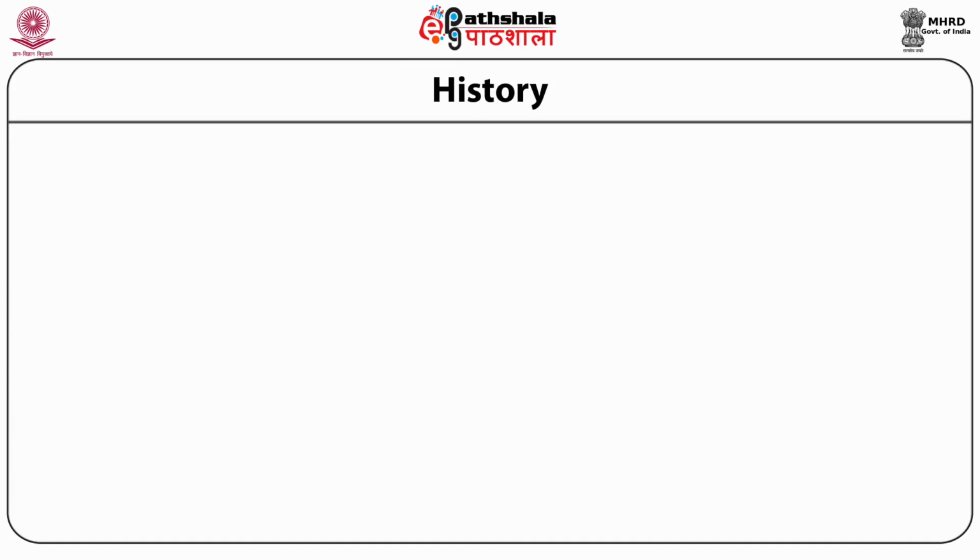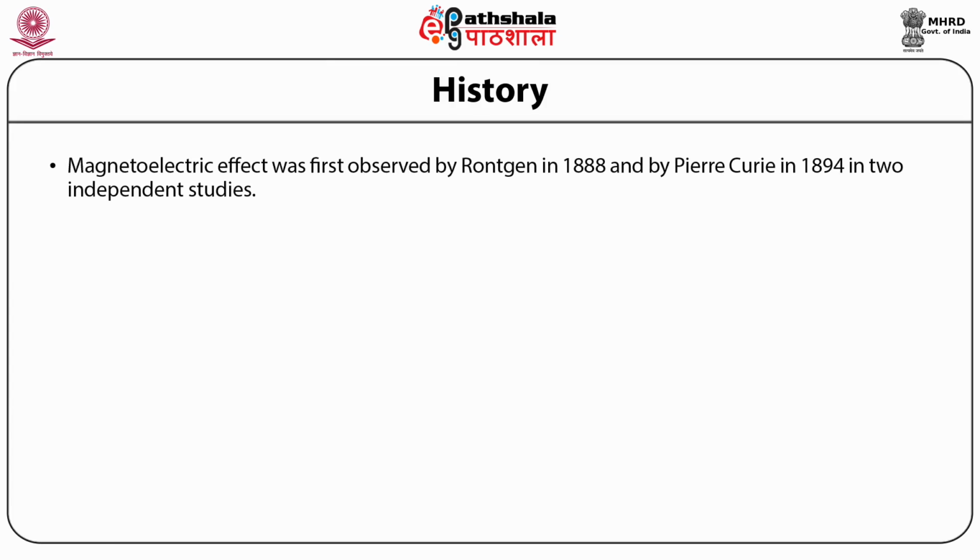Now students, let us discuss the historical perspective of the magnetoelectric effect. The magnetoelectric effect was first observed by Röntgen in 1888 and by Pierre Curie in 1894 in two independent studies.